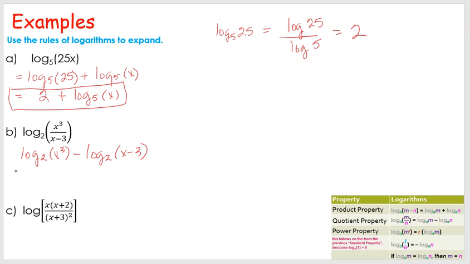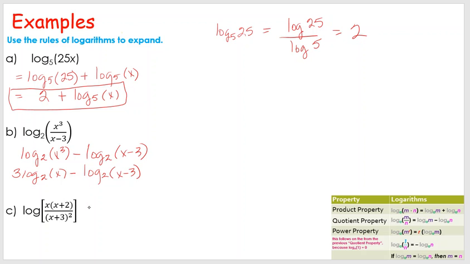So I've got to go ahead and move that out. So I've got 3 log base 2 of x minus log base 2 of x minus 3. And so there I use the quotient rule and the power rule. And I expanded that as much as I could.